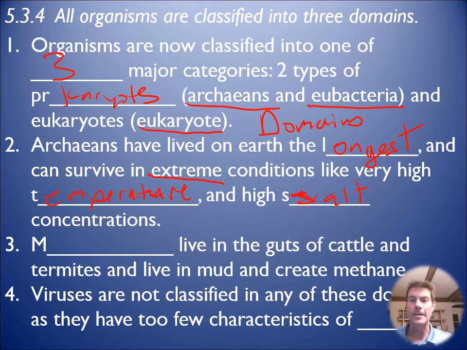High salt, high temperature, pH, so very acidic conditions or very basic conditions, you have archaeans that can survive there as well. And there's a category called methanogens. Some of you might recognize the root word methane there. They live inside the guts of cattle, termites, live in mud, and they create methane.